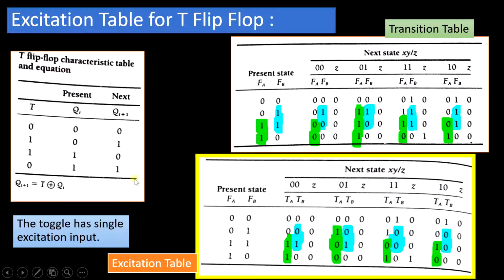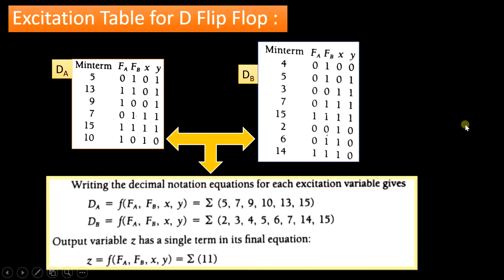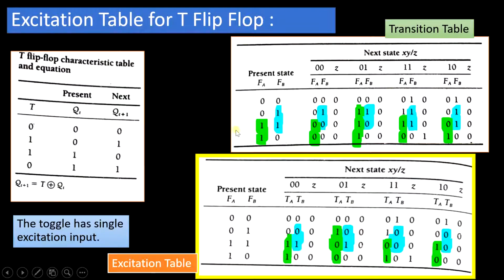Otherwise, there won't be any change. Now, the transition table that is considered here is exactly the same that was initially considered for the type of the state diagram that we have drawn. So it was this state diagram and this was the state table. So the same thing has been considered here as well.